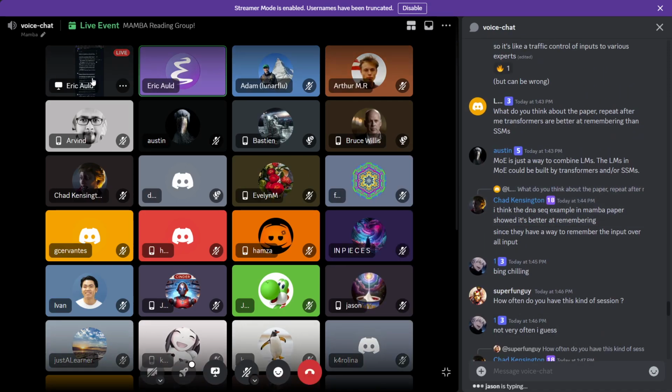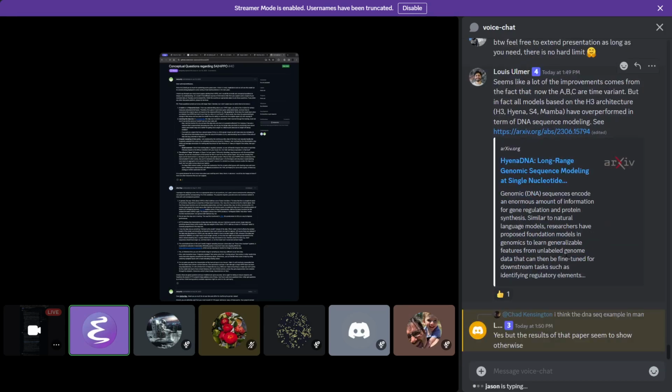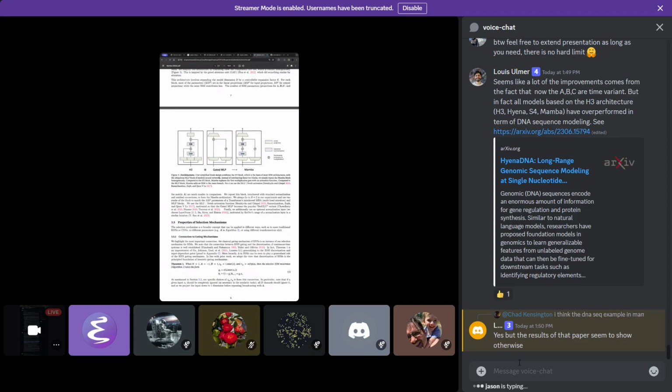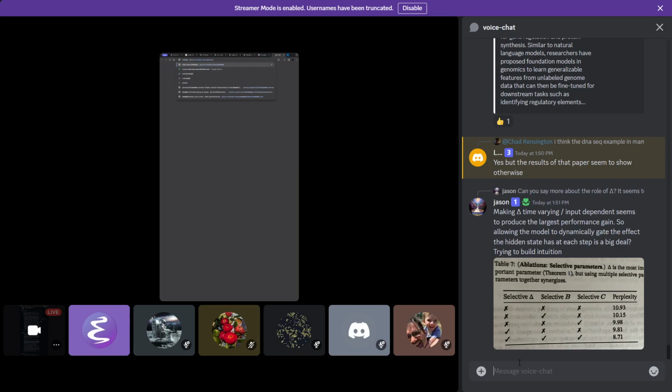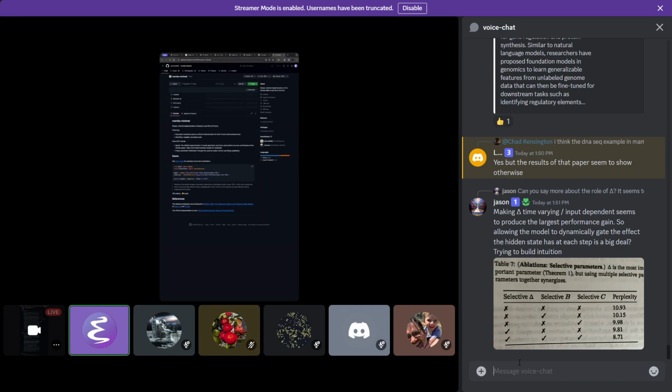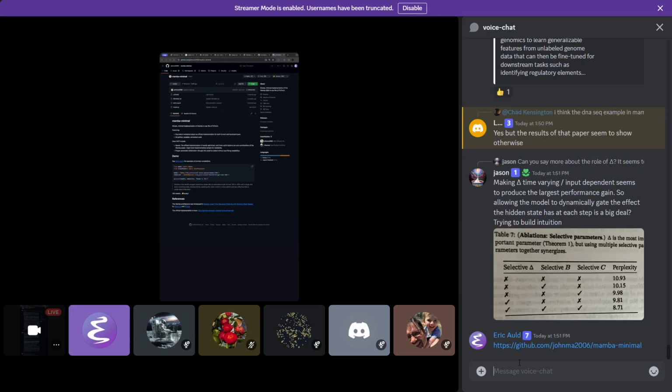Okay, so this is very useful, I find. I'm going to pause for questions. Okay, I recommend people look at, I'm going to send you this link here. Mamba Minimal is a good GitHub to get used to the Mamba code.